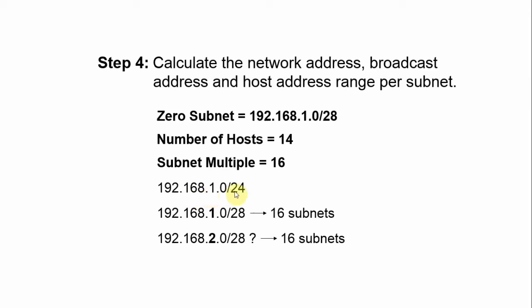So the first one, there's the 0 subnet. Actually, this isn't 0. This is what I started with for the network address. There's the first 0 subnet because it's /28. So I'm using 1 here. It's a 1 address. I could have used 2 or something else, but for this example I said let's use 1.0, but I could have used any of these, 2, 3, 4, anything else. I just decided to go with 1. It's more arbitrary.